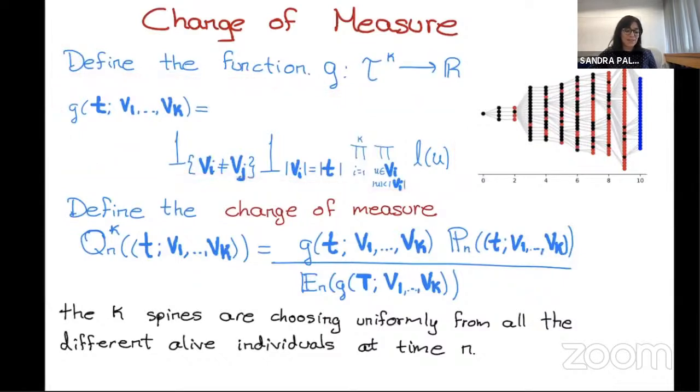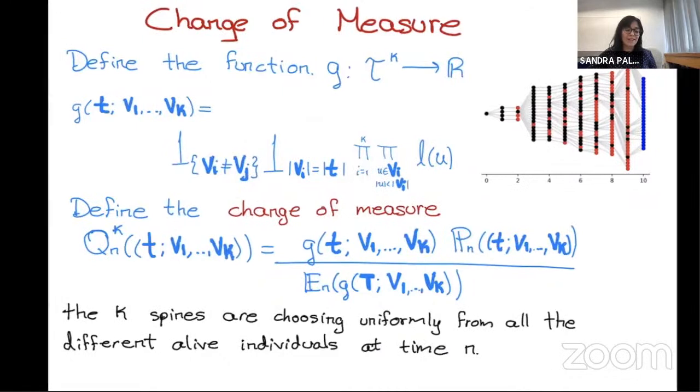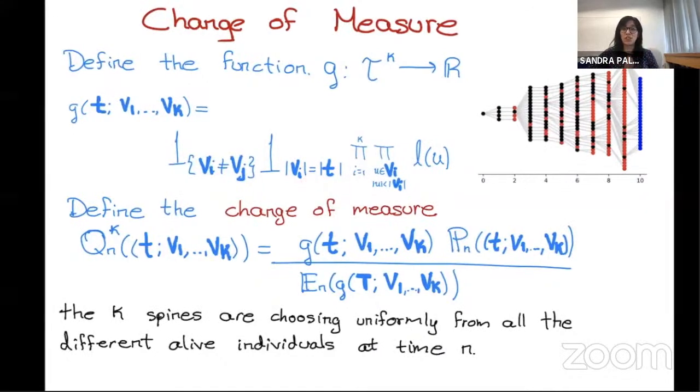So g of a specific tree and spines, in this first step, we are forcing that all the spines are different. And here, we are forcing that the spines arrive up to generation n. And finally, with this last term, we are selecting uniformly from all the individuals alive in the present generation.